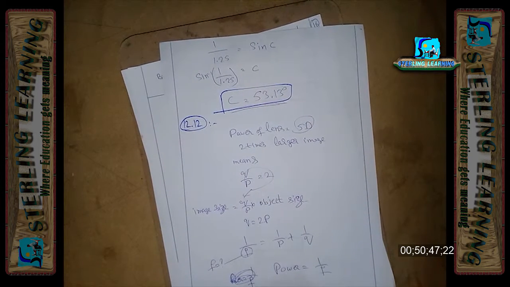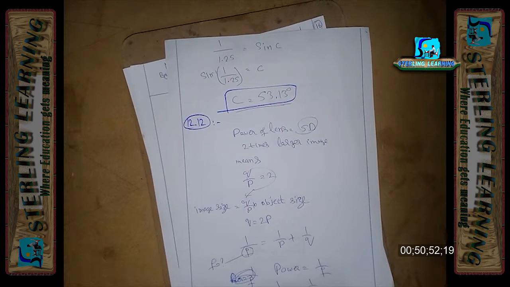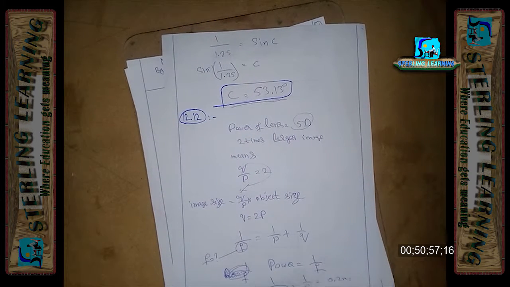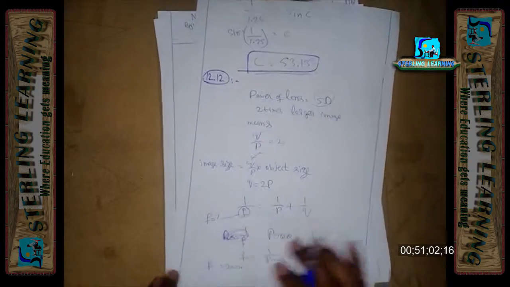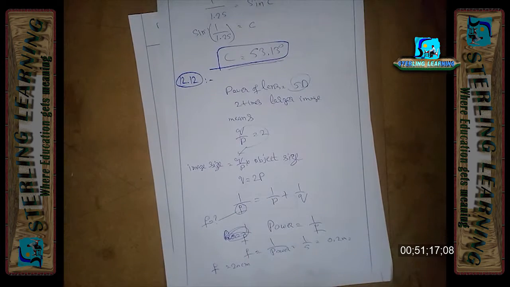So f is equal to 1 over power, which is 1 over 5, which is 0.2 meters, and in centimeters is 20 centimeters. F becomes 20 centimeters. And we know F is 20 centimeters and Q is 2 times P. So we need to find P.